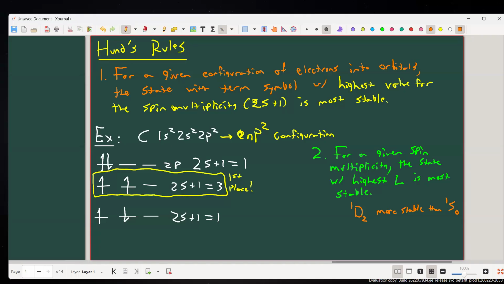But remember, we'll talk more about this today, we have multiple electrons in this system. And electrons repel each other. So if you have two electrons that are in low angular momentum states, they're a lot closer to each other on average than if you have one of those electrons in a high angular momentum state.